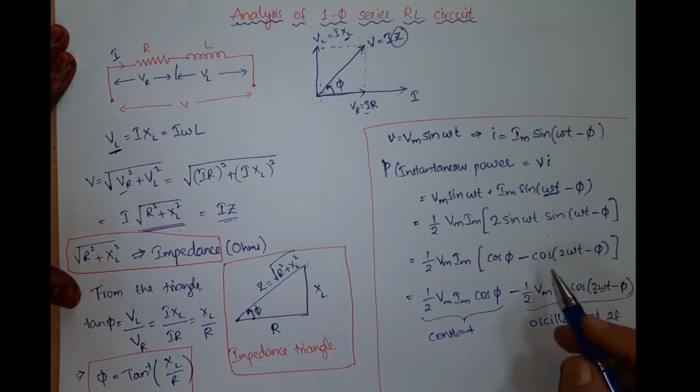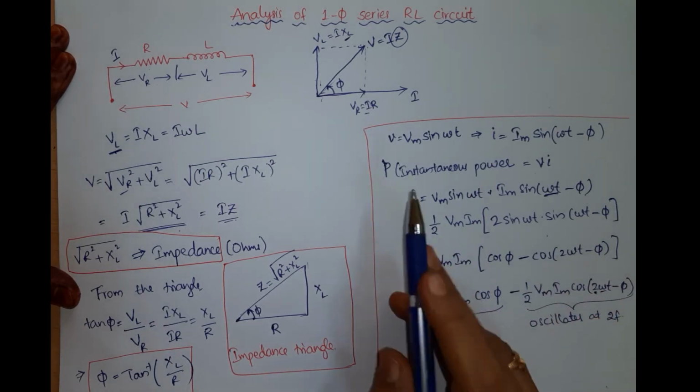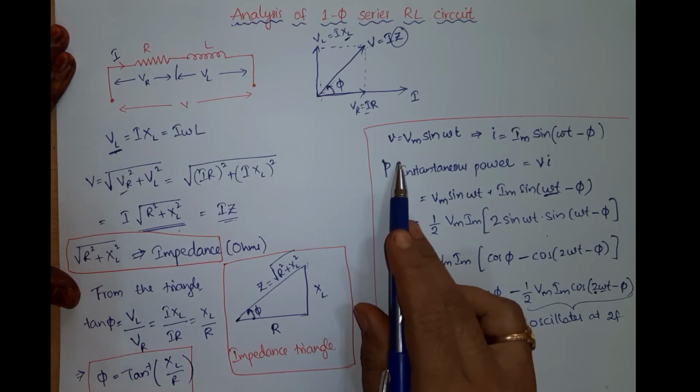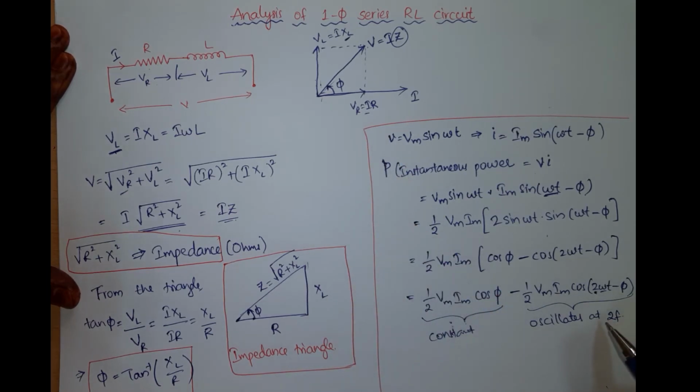So we can tell that some part of the instantaneous power has a constant magnitude, as well as a part that oscillates at double the frequency. So this is the conclusion obtained from this.